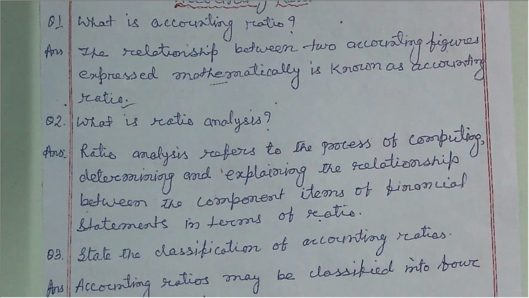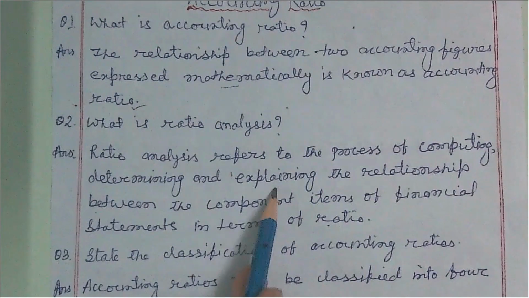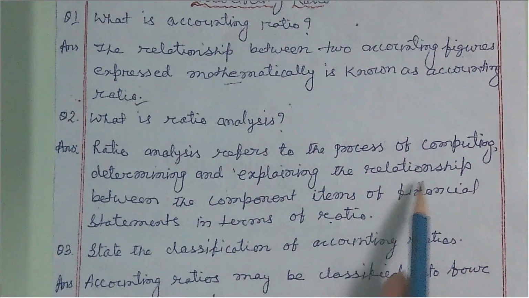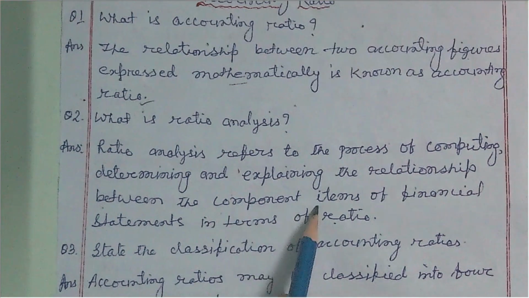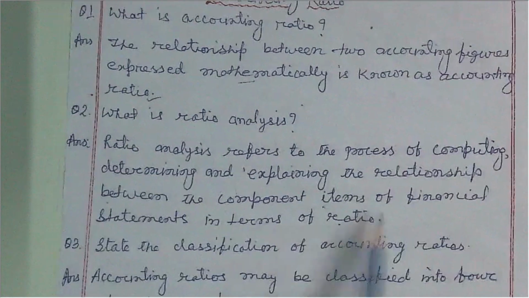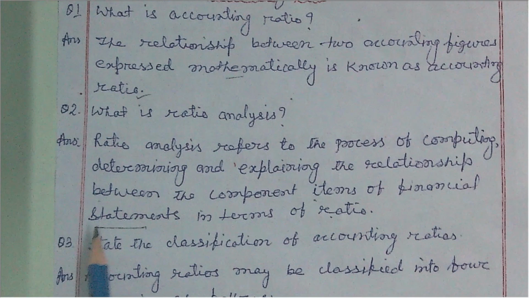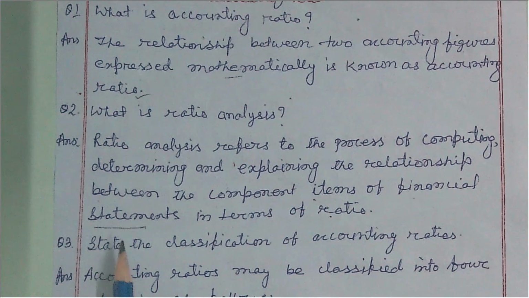Ratio analysis refers to the process of computing, determining and explaining the relationship between the component items of financial statements in terms of ratio. Here the financial statements means the profit and loss account and balance sheet.